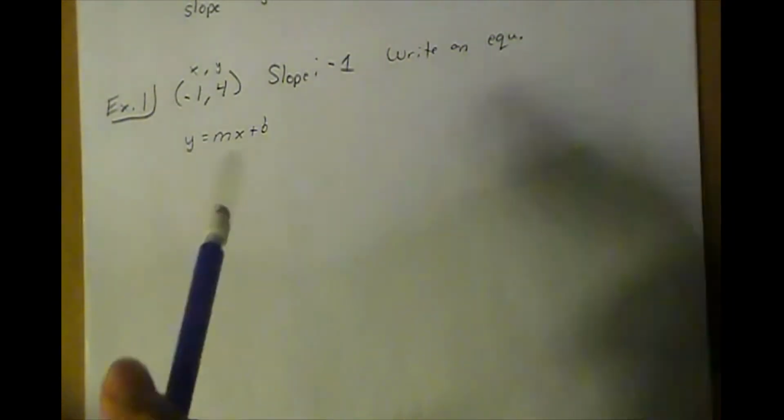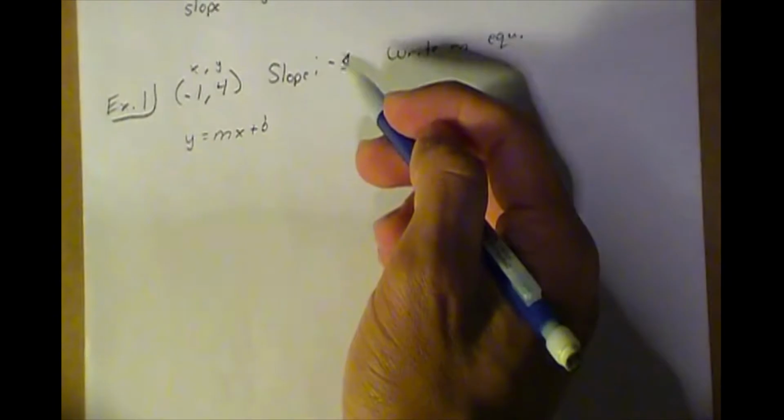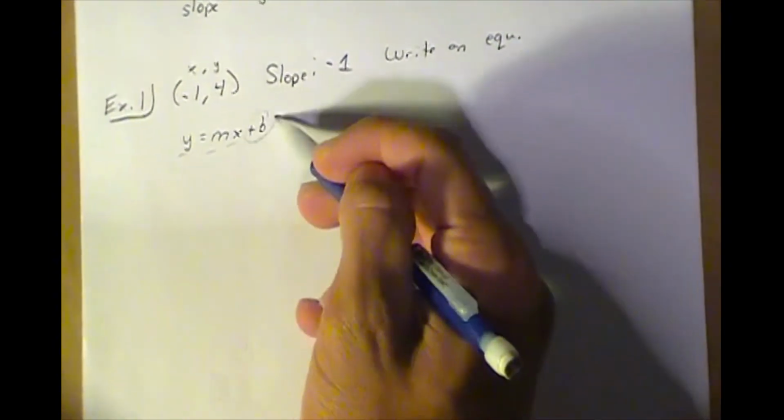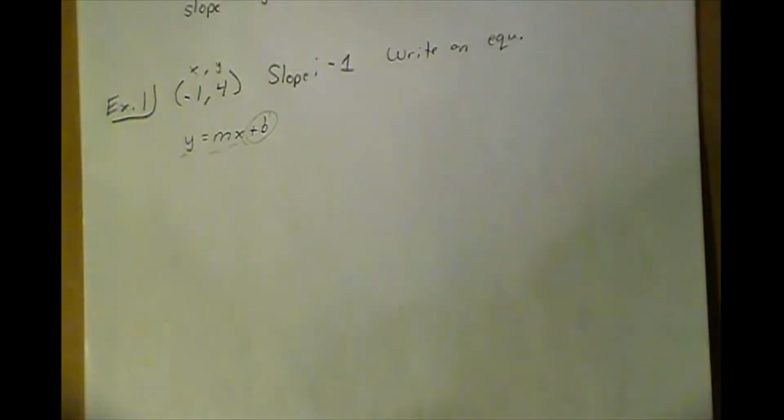Well, in order to write the equation, we need all of these. But I noticed that we only have an output, an input, a slope, but we're missing the y-intercept. You can't write an equation of a line without a y-intercept. So we have to solve for it.